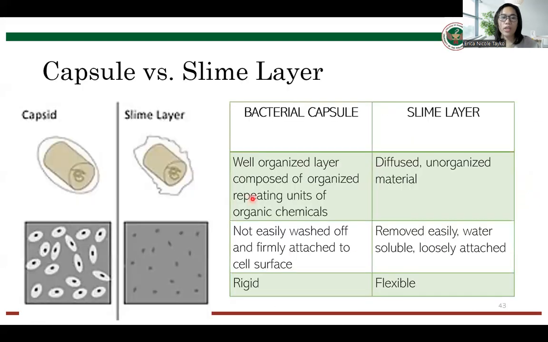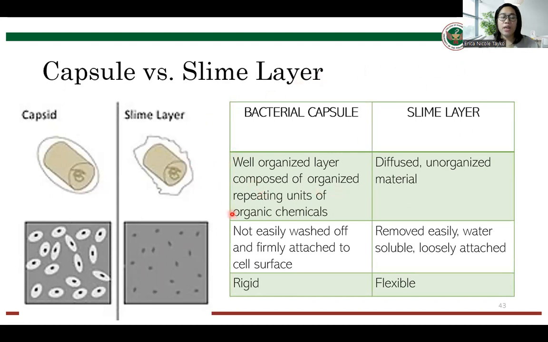The capsule is the outer portion of your bacteria that serves as extra protection for bacterial cells. But sometimes another structure that is also present in the outer portion of your bacterial cells is your slime layer. Sometimes these two layers or structures are interchanged.